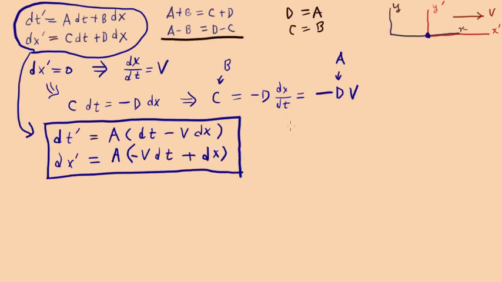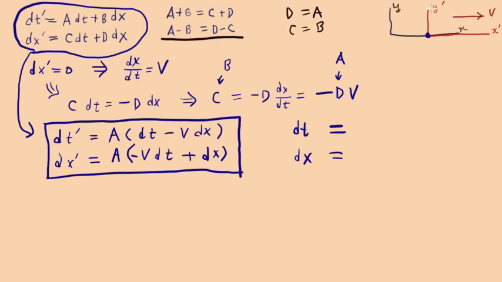Now let's write dt, dx as a function of dt prime and dx prime. So if you know a little bit of linear algebra, you can say, well, I can just invert these relationships. Well, that's possible, but let's do something else here.